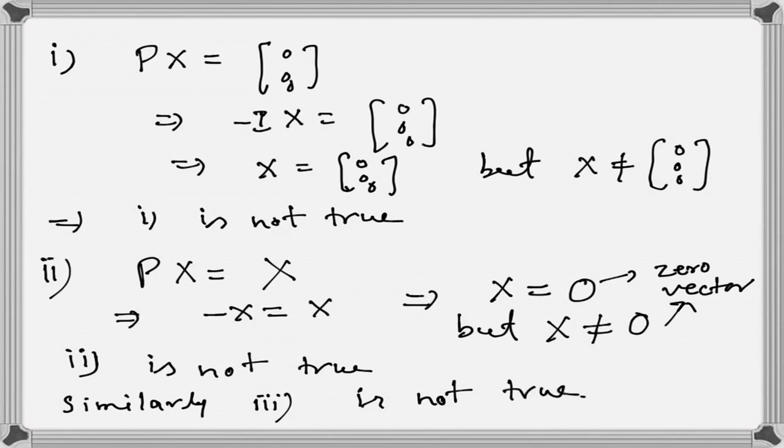Okay, then the fourth one. The fourth one is that Px is equals to minus x.